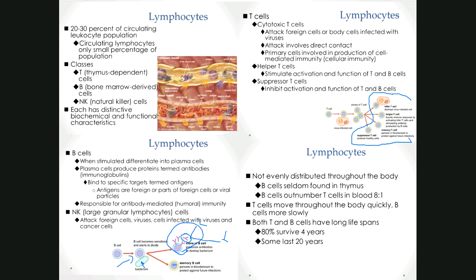Some of it's because of the B cells, and some of it could be because of our T cells. Remember the cytotoxic T cell: I make one cytotoxic T cell and it will go through mitosis and make 2, and then those 2 will go through and make 4, and then those 4 will make 8, and then 16. All right.